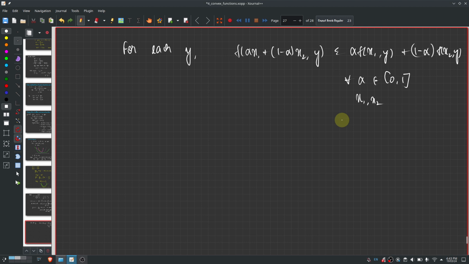Or if you want to interpret it in terms of, let's say, the second derivative test, then you want the Hessian, again taken with respect to x, of f of x, y to be positive semi-definite for all x and y.